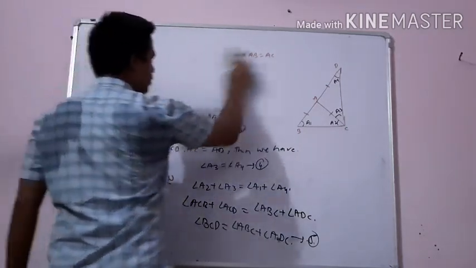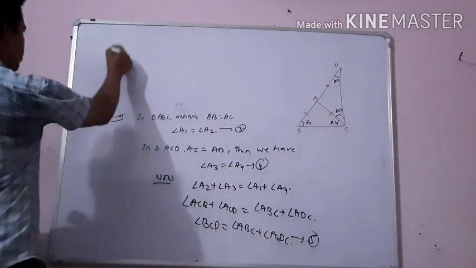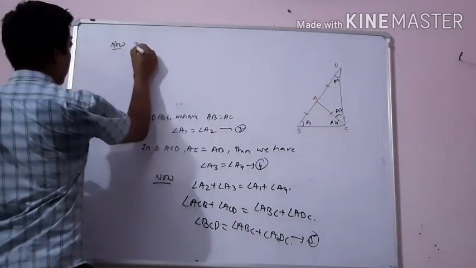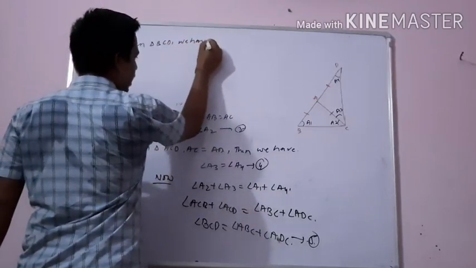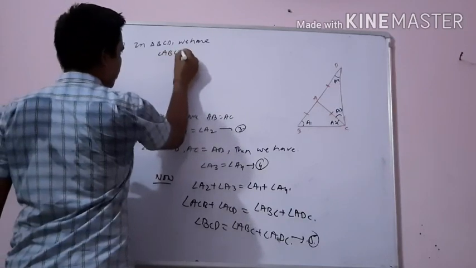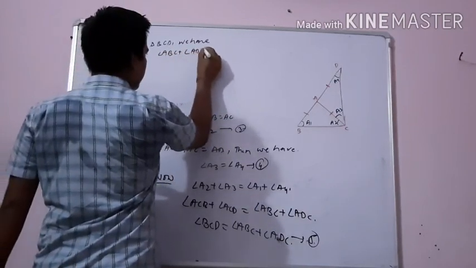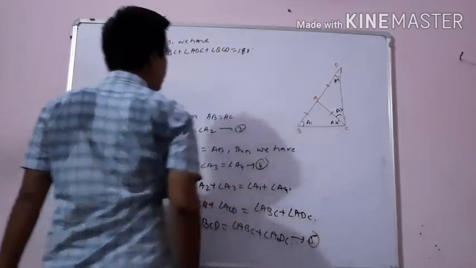Now see in triangle BCD. In triangle BCD, angle ABC plus angle ADC plus angle BCD equals 180 degrees.